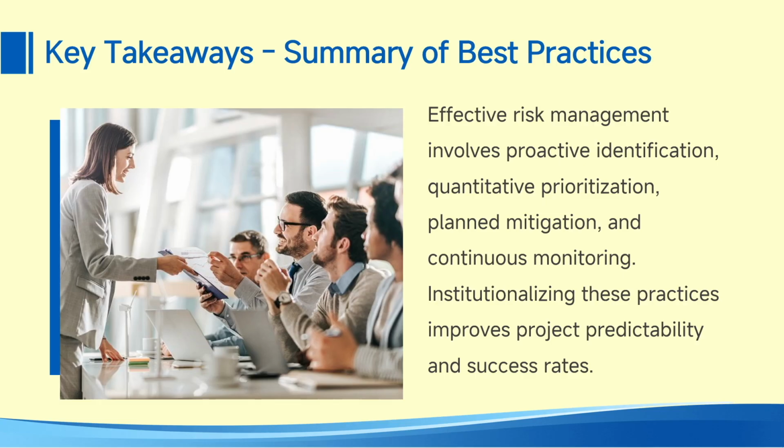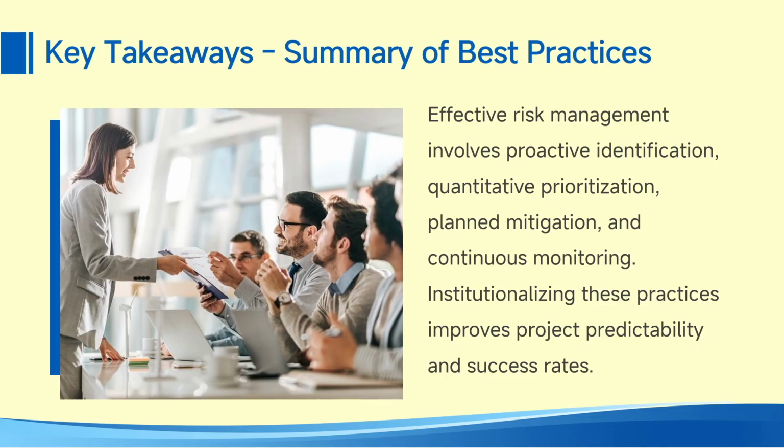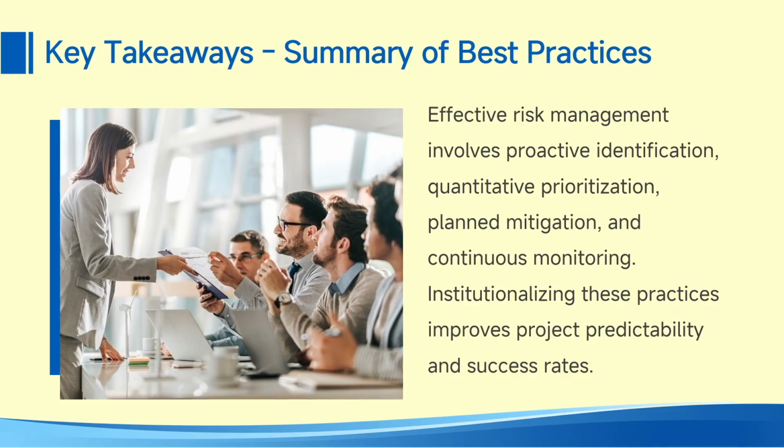It starts with identification, where proactive risk identification has much better impact than reactive identification, followed by risk assessment, where you quantitatively prioritize which risk has to be given priority, followed by planned mitigation, the procedure by which you overcome the risk, and finally continuous monitoring.